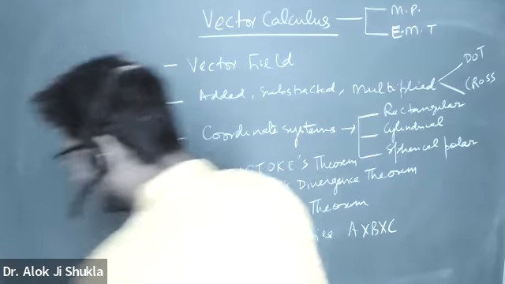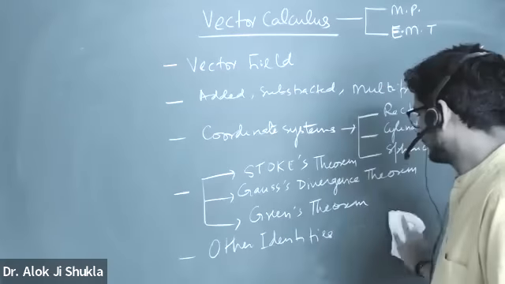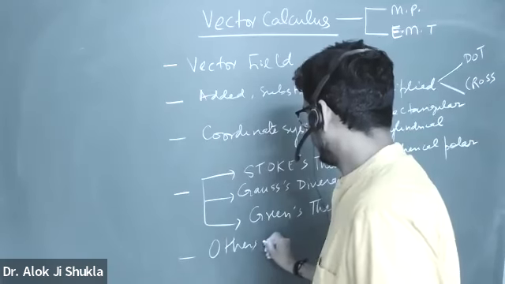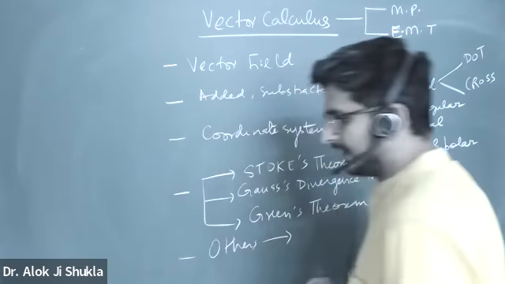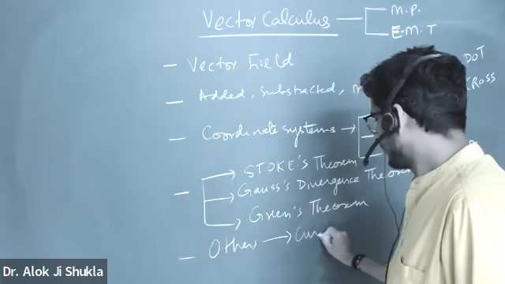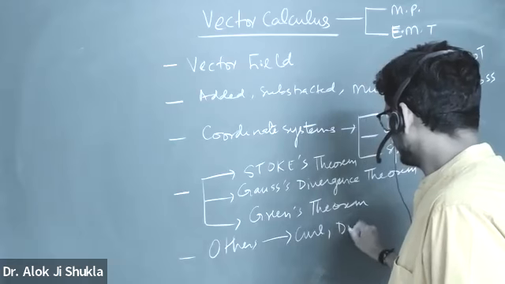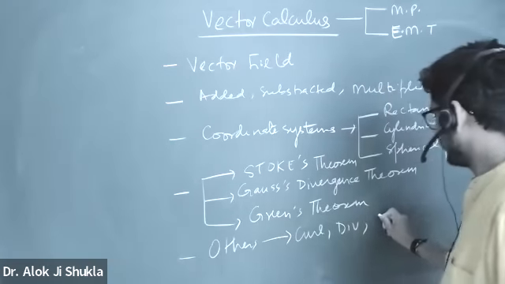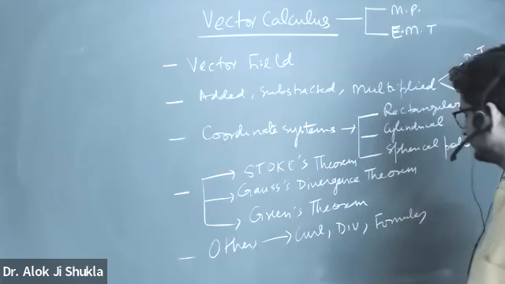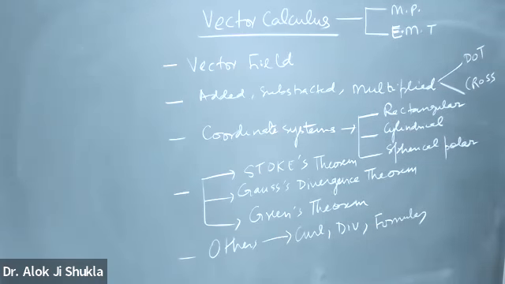Here I will discuss everything wherever the identities and formulas come. So we will discuss curl and divergence and other related formulas. So this will be the outline of the syllabus.